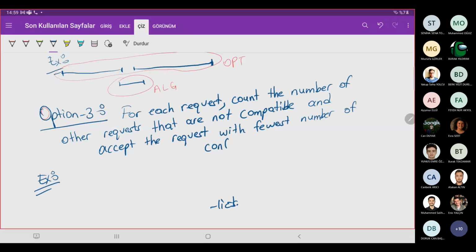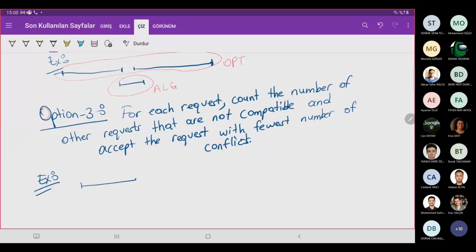So I have a counterexample for this one too, but this time it's not very easy to find a counterexample. It's a little bit more complicated counterexample. Although it makes sense, it makes much more sense than the previous two solutions, still. So here, the counterexample is this.